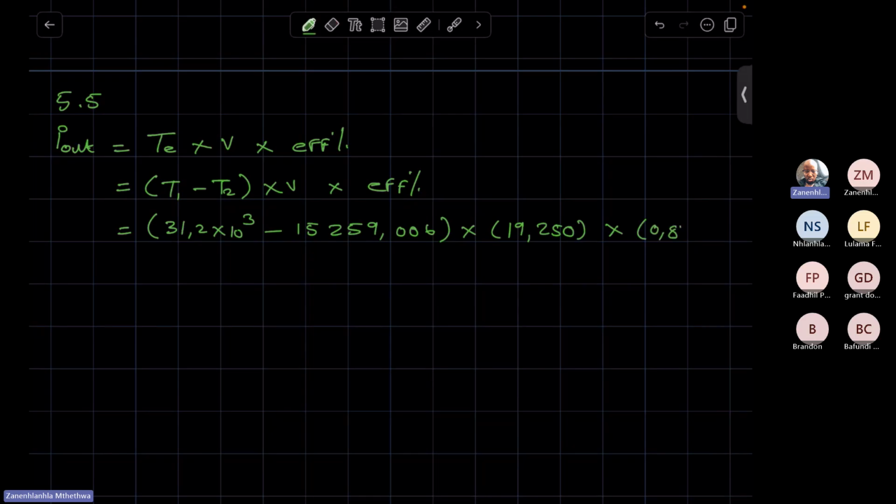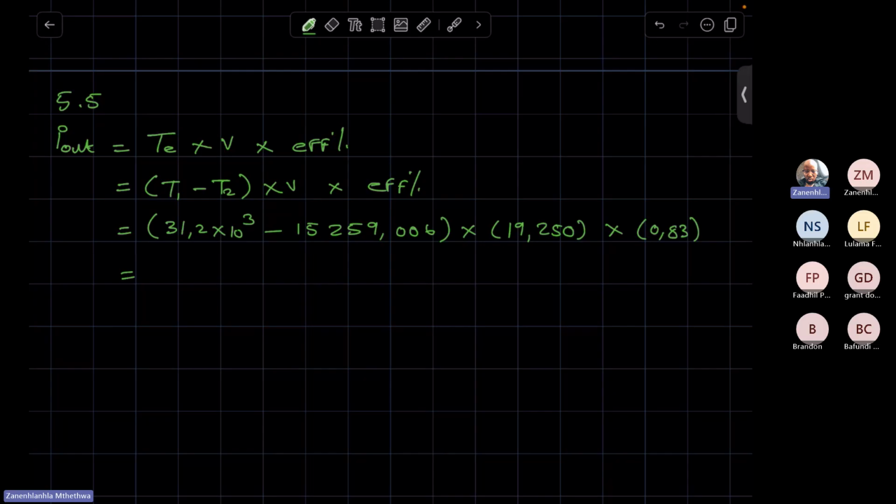Now you simply punch this in your calculator. So you have 31,2 times 10 to the 3 minus 15,259,006 times the 19,25 times the efficiency, which is 0.83.